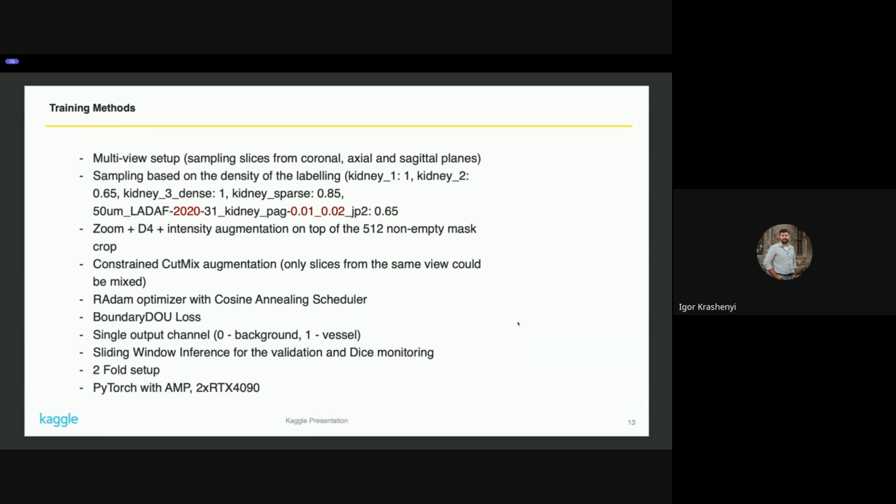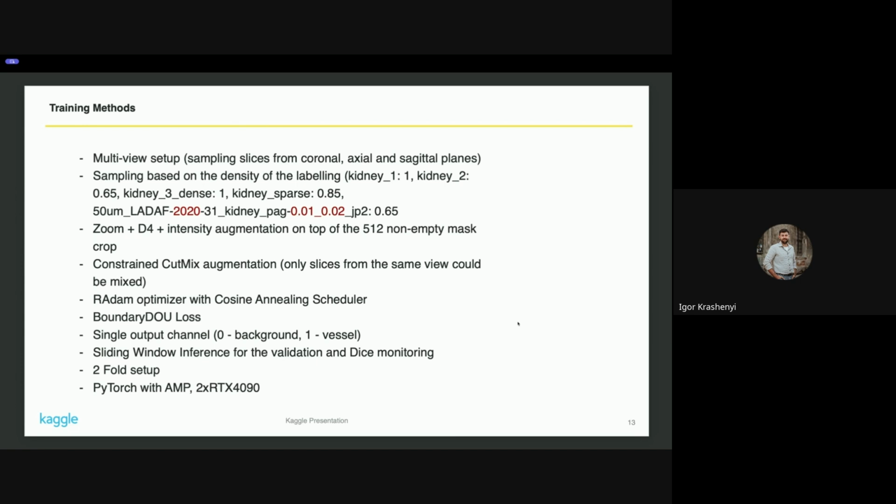The training methods for the 2D model: the training was set up as multi-view. I sampled views from different axes, from the axial, coronal, and sagittal planes, with the same probability. Sampling was different for different kidneys, for different organs, and was based on the density of the labels.